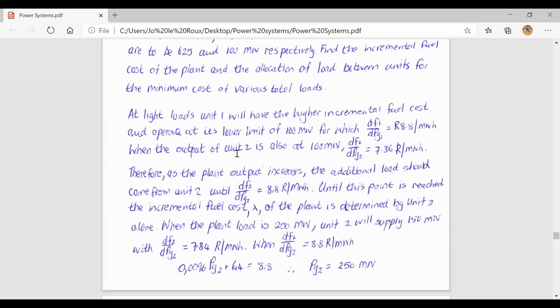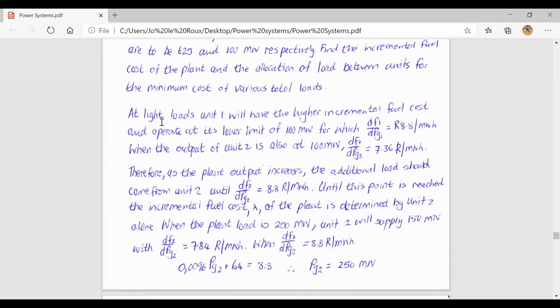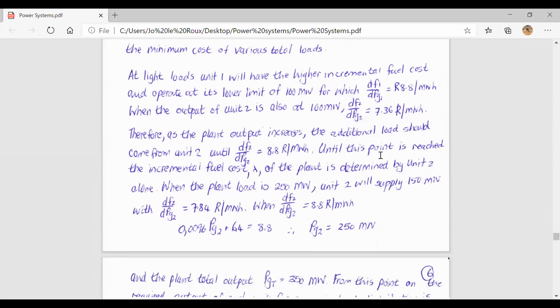Now, at light loads, unit 1 will have the higher incremental fuel cost and operates at its lower limit of 100 megawatt. Therefore, DF1 is 8.8 Rand per megawatt. When the output of unit 2 is also at 100 megawatt, then DF2 is 7.36 Rand per megawatt.